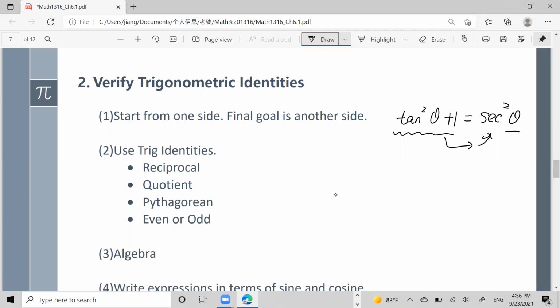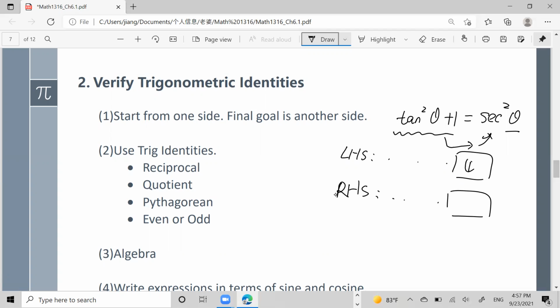If the equation is very complex, you can start from the left-hand side and get one expression with cosine and sine, and it's not yet equal to the right-hand side. Then you start from the right-hand side again, and it equals something with cosine and sine.